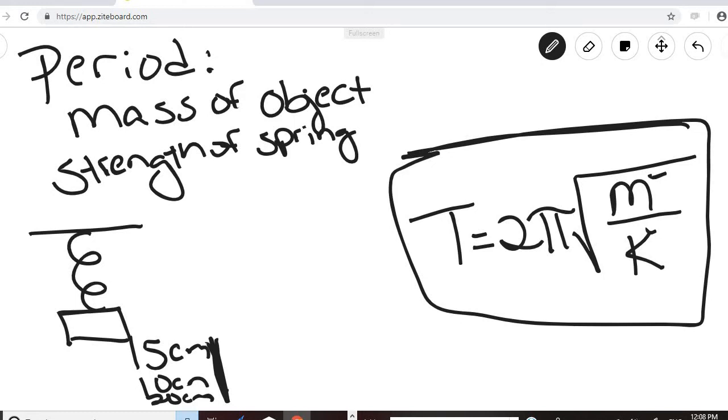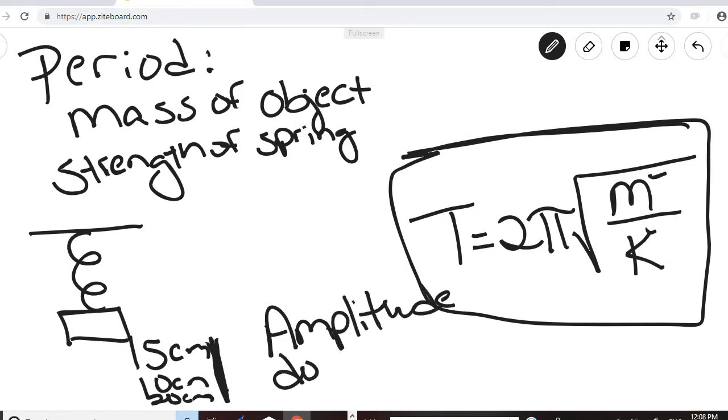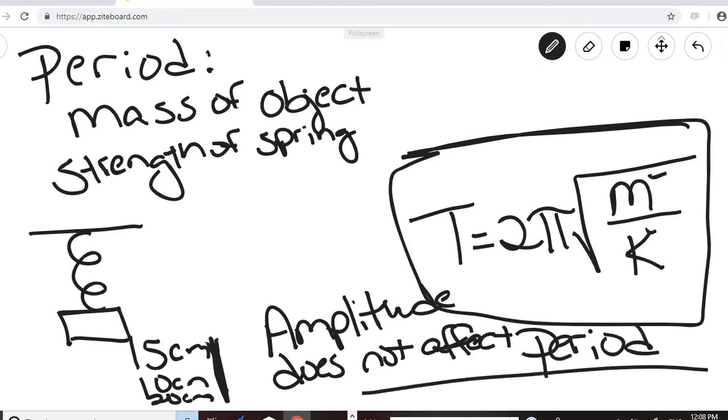So amplitude does not affect the period. The only thing that affects period is how strong or weak the spring is, and the mass of the object that is being pulled down.